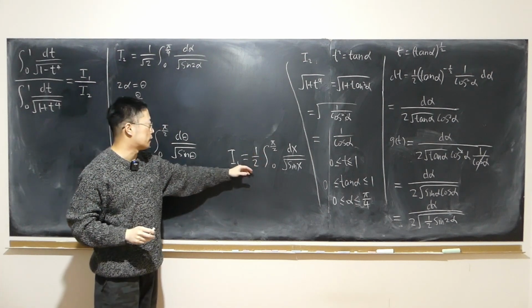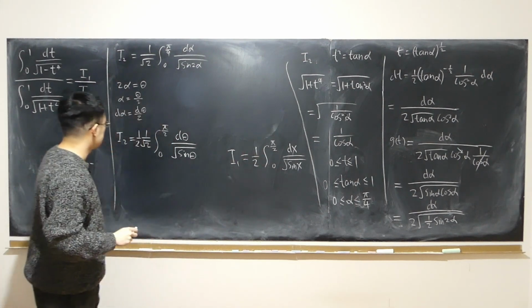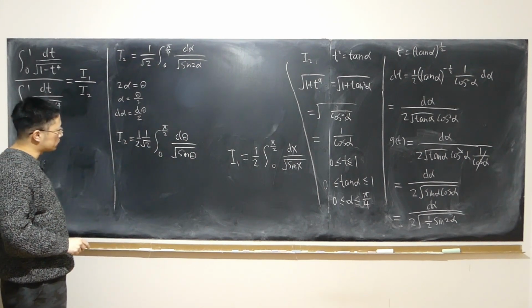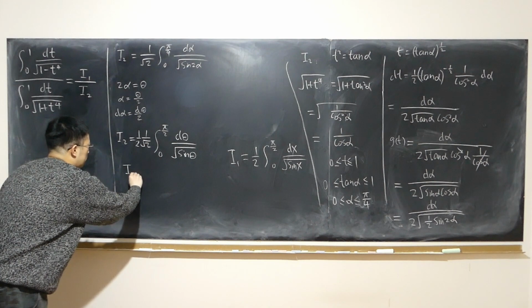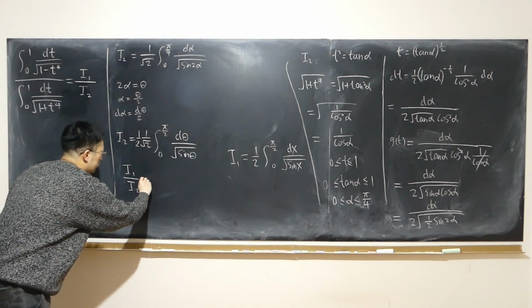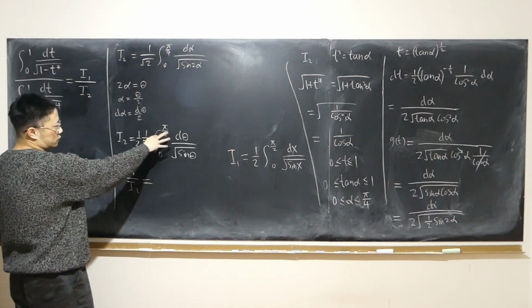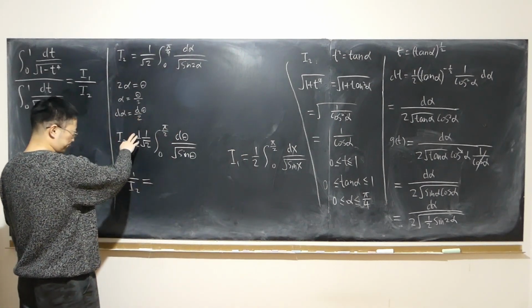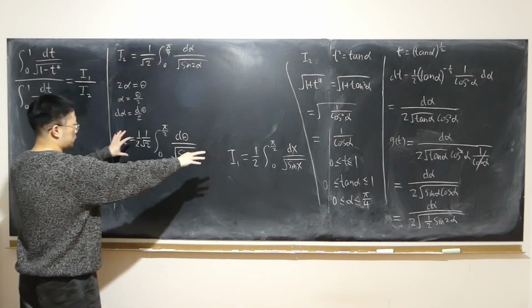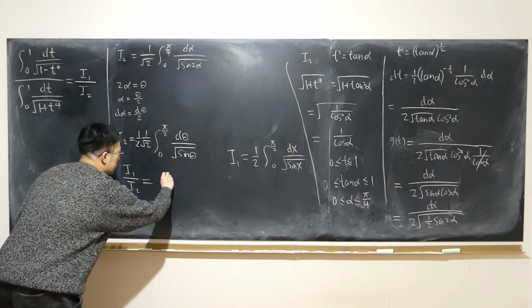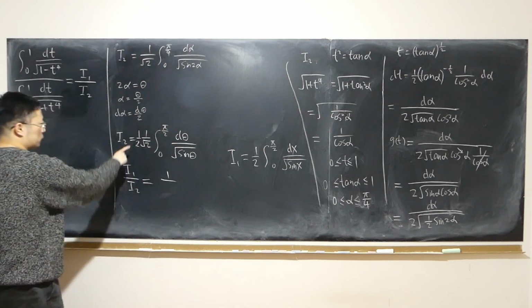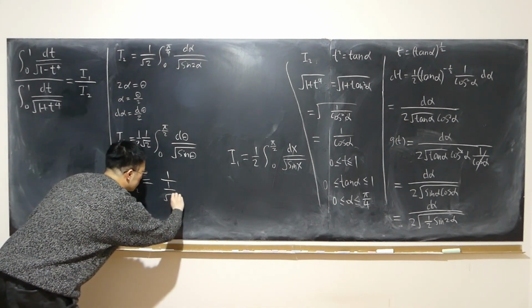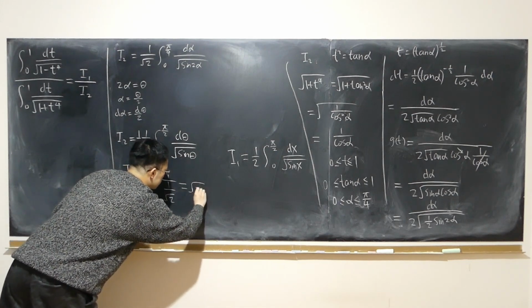The only difference is that I have different constants: half times 1 over square root of 2. So I1 over I2 is now very easy. The integral is the same thing, so the integrals just cancel out. Half and half cancel out. I just have 1 over the remaining constant, 1 over square root of 2, that is square root of 2.